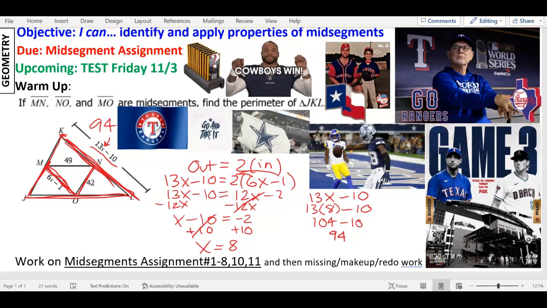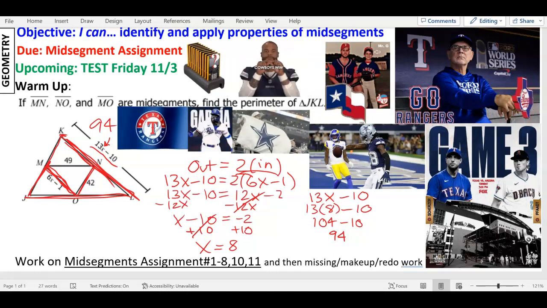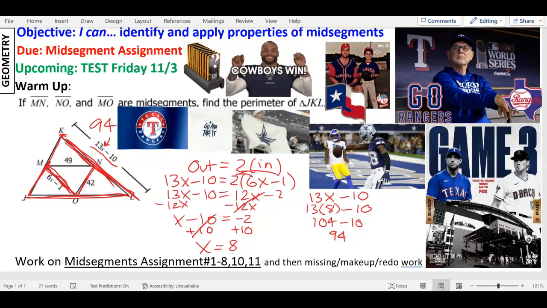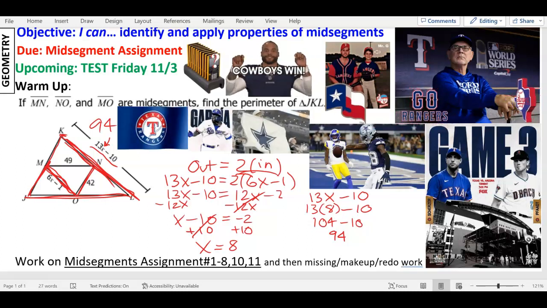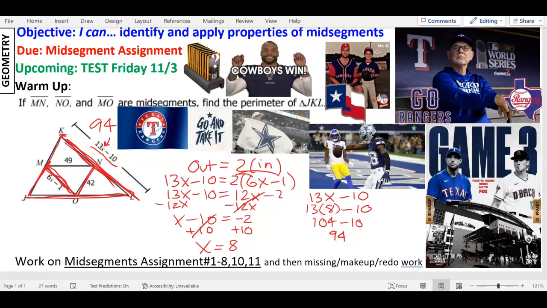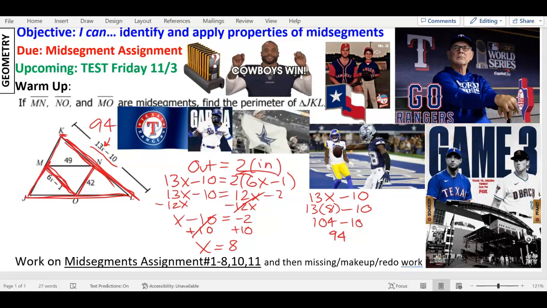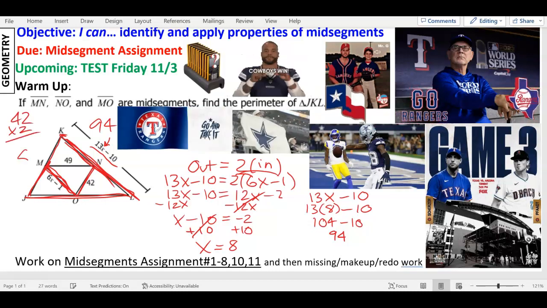The midsegment right here is 42, right? Okay, so 42 plus 42, another way to say it is 42 times 2, right? And isn't that what we wrote at the beginning? To get the outside, you do 2 times the inside, right? So if I want this outside, KJ, I'm going to take that inside midsegment times 2. So 42 times 2 is what? 84 is correct.